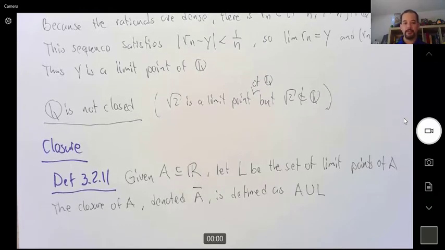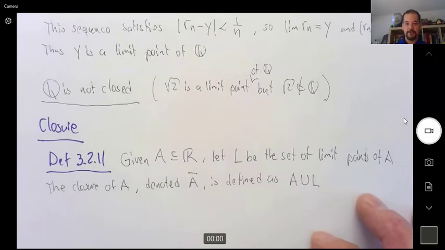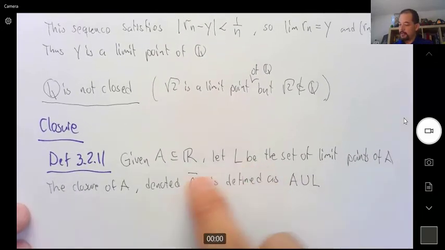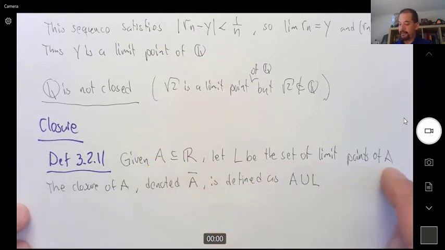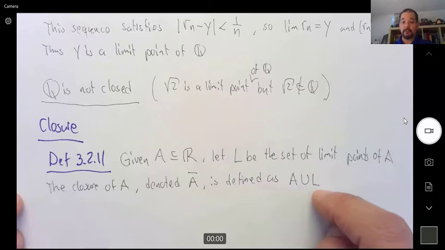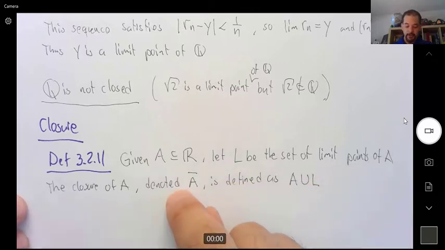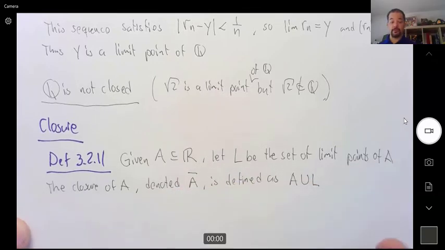I'm already anticipating it. What this is telling you is that if you have a set, you can add its limit points to it, putting together A and its limit points. That's the closure, and the closure is going to be closed. So that's one way to make a set closed. If it's not closed, you can add the limit points to make it closed.